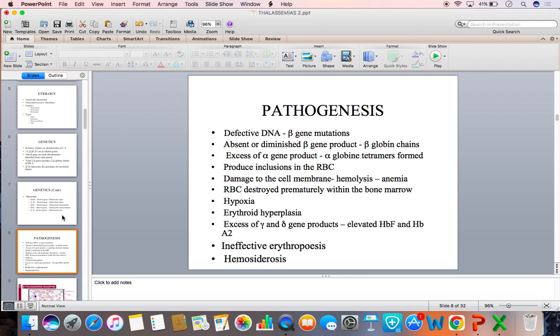Well, these alpha globin tetramers that are produced in the red blood cell form inclusion bodies that will result in damage to the cell membrane, so hemolysis, right? So the RBC, before they are released from the bone marrow, are destroyed in the bone marrow itself.